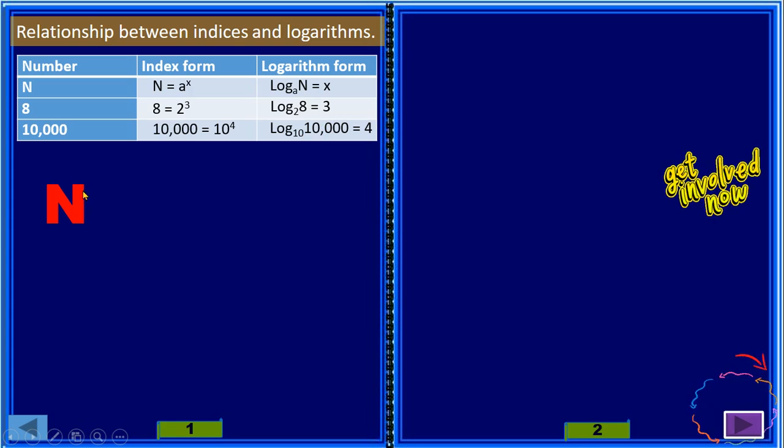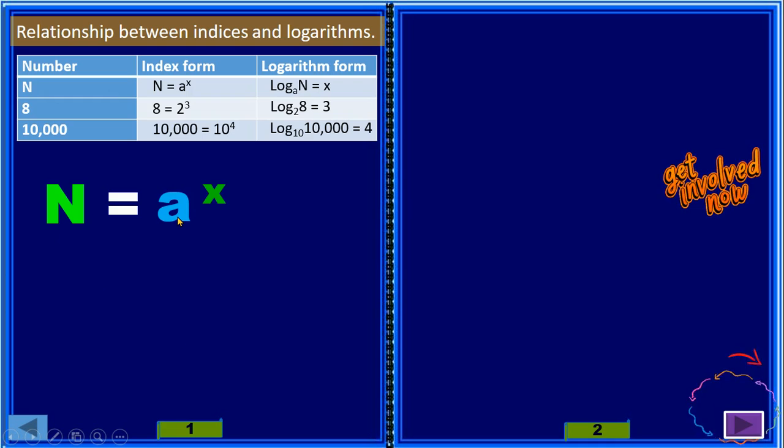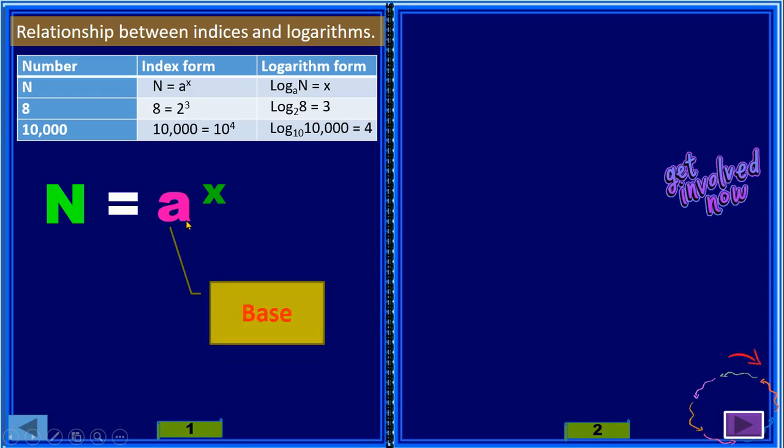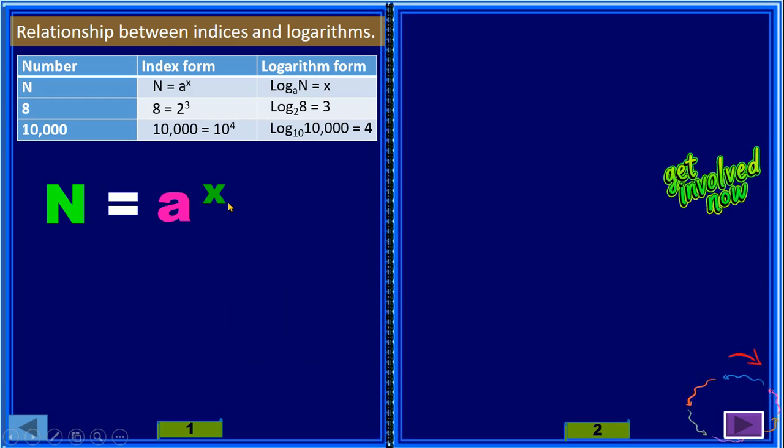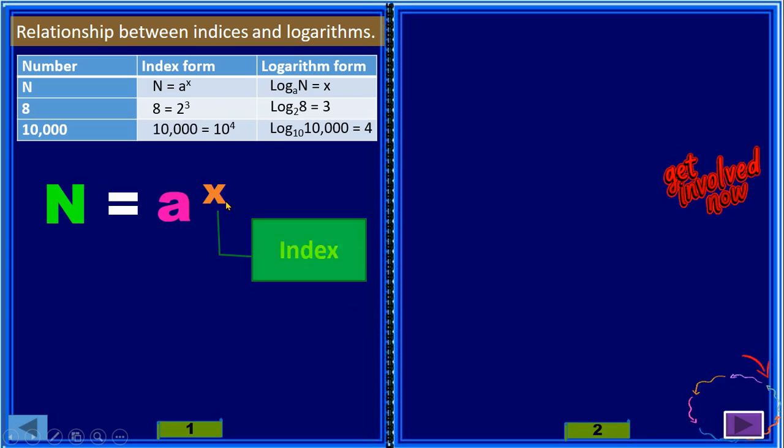Now, where n is the number, a is the base, x is the index.